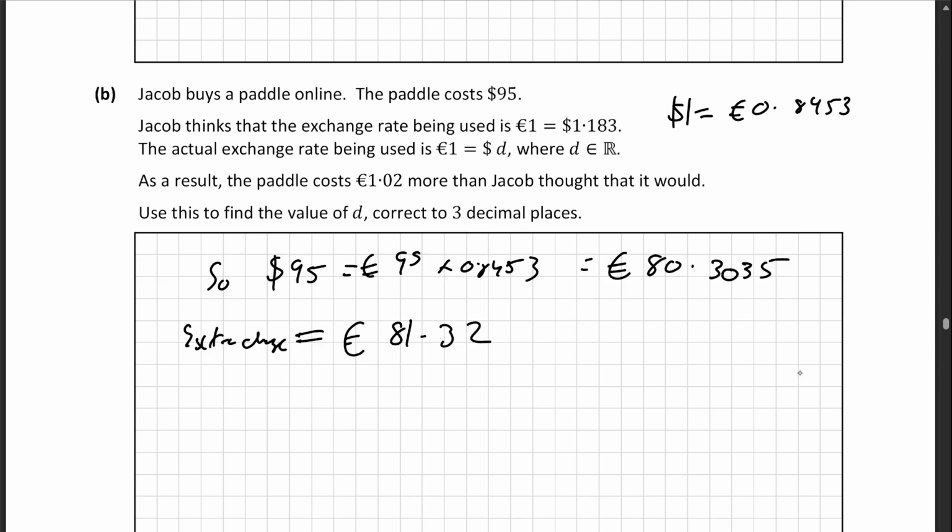So now we need to find 81.32 here. Or actually, on the old one, €1.02 is $1.2067.